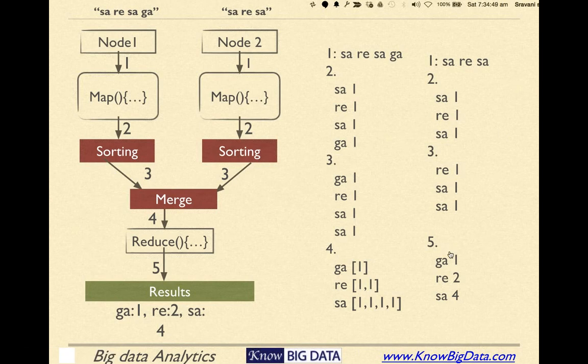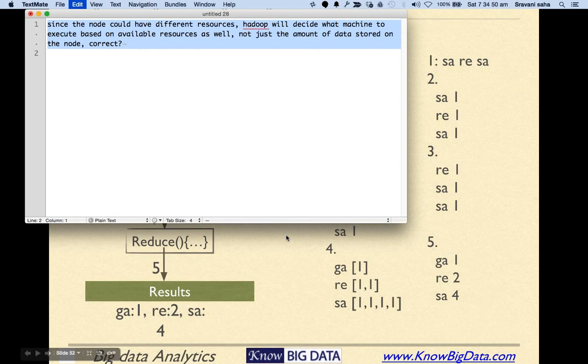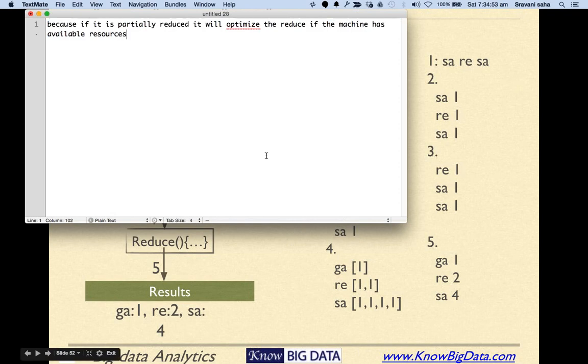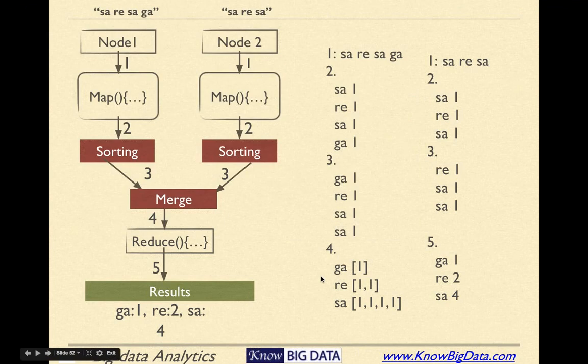All right, so okay, Matthew says because if it is partially reduced, it will optimize the reduce if the machine has available resources. Brilliant, brilliant.